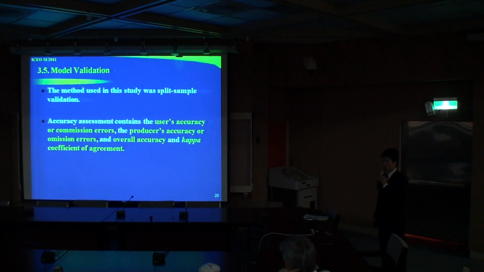In the model validation, the method we use is split sample validation, using an independent sample to validate. And we will show the users and producers accuracy, overall accuracy and kappa coefficient.